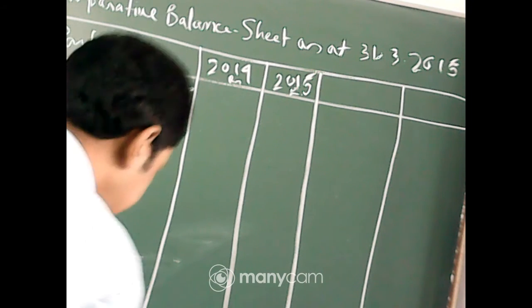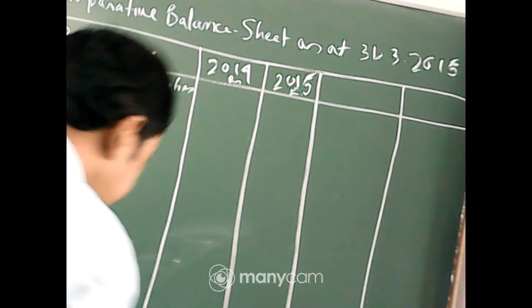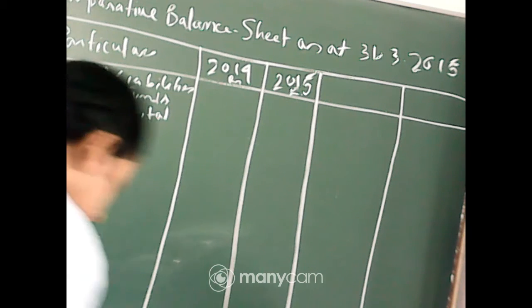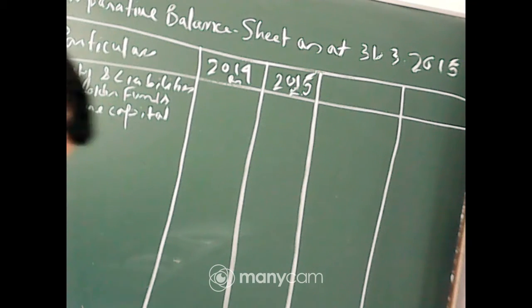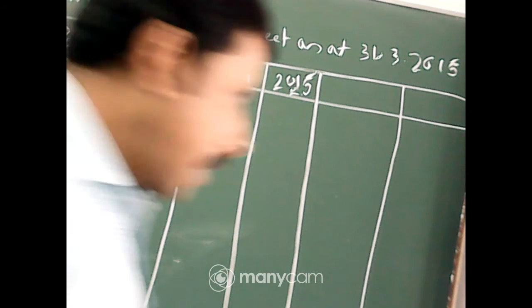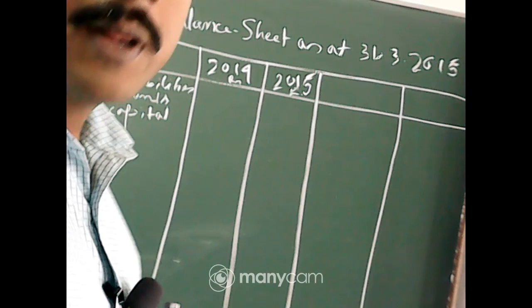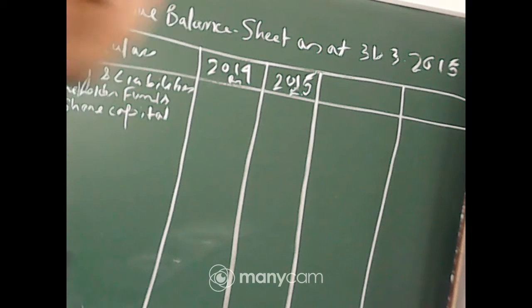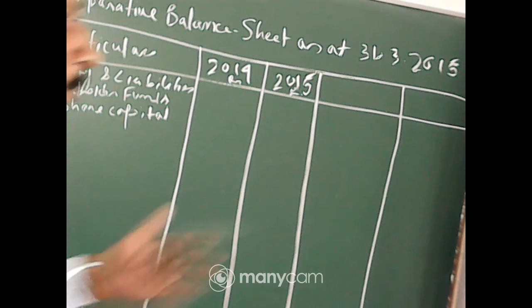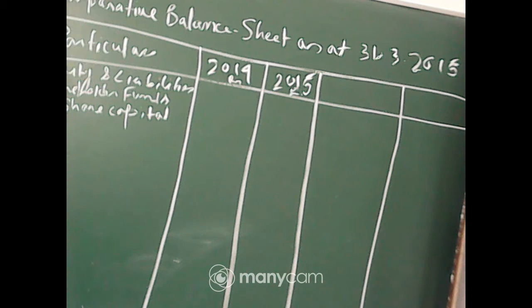So you do not need any changes, just copy and paste the figures here first. If the proper format is not mentioned and some things are given in the question, then you have to write in this proper format first, then you have to start your problem.